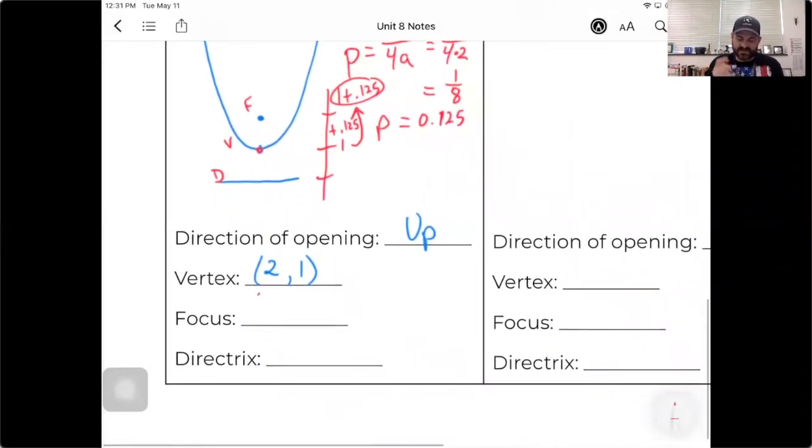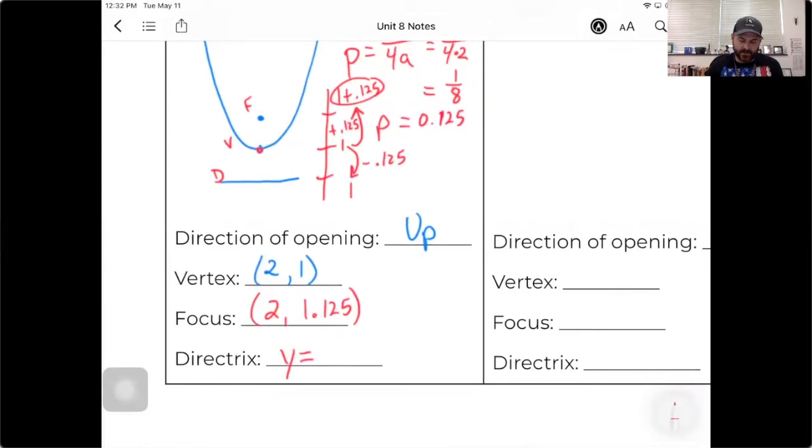So my focus has the same x value, 2, but my y value is now 1/8 more than that, so 1.125. To find my directrix, remember that's an equation, y equals, I'm going to do 1 minus 0.125.